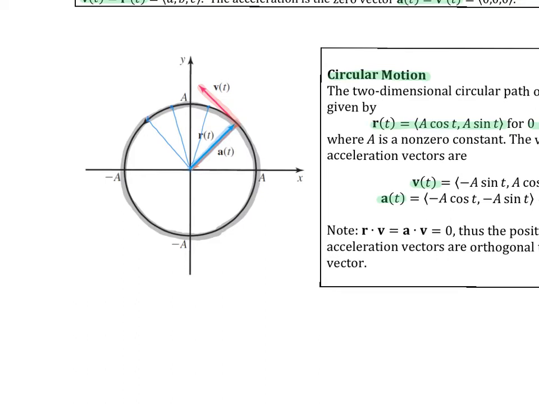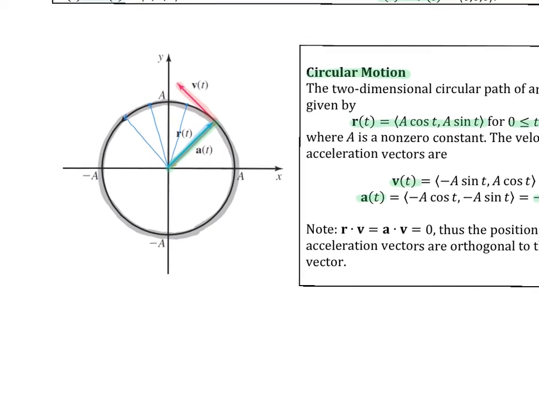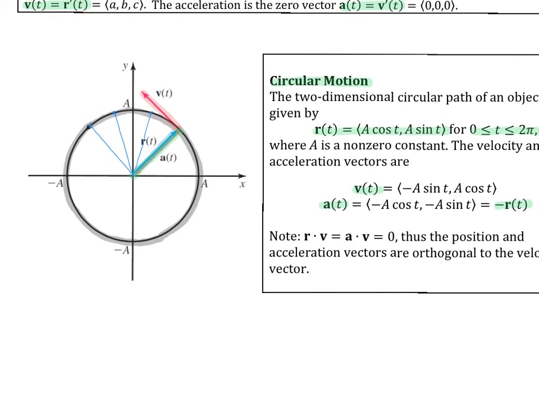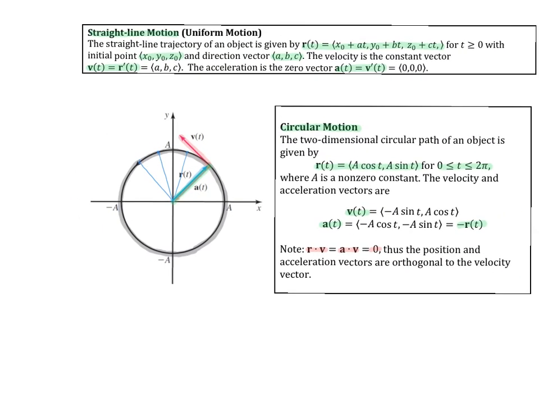And then when you take the derivative of your velocity vector, you're going to get this acceleration vector that's going in the opposite direction of r. So if you look at r and a, they're both orthogonal or perpendicular to our velocity vector. So remember that when you take the dot product of vectors that are orthogonal or perpendicular, their dot product is going to be 0. So if you dot r with v or a with v, you should get 0.